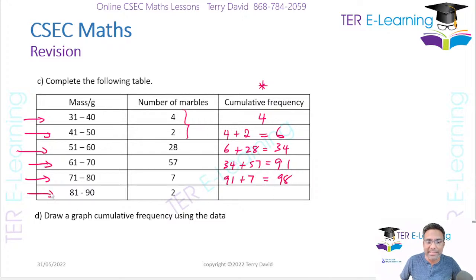And in the last interval, I have to add 2 more. So this is going to be 98 plus 2, and that's going to give me 100. So these values here, this 6, this 34, 91, 98, 100, that's my cumulative frequency. That is what is required if I have to draw a cumulative frequency curve.